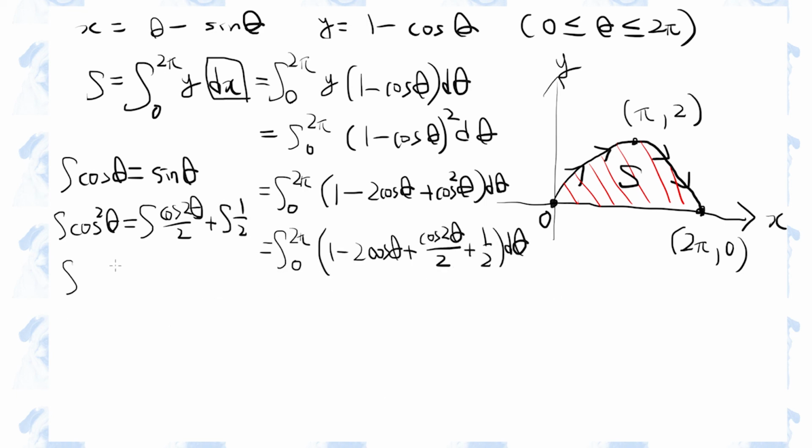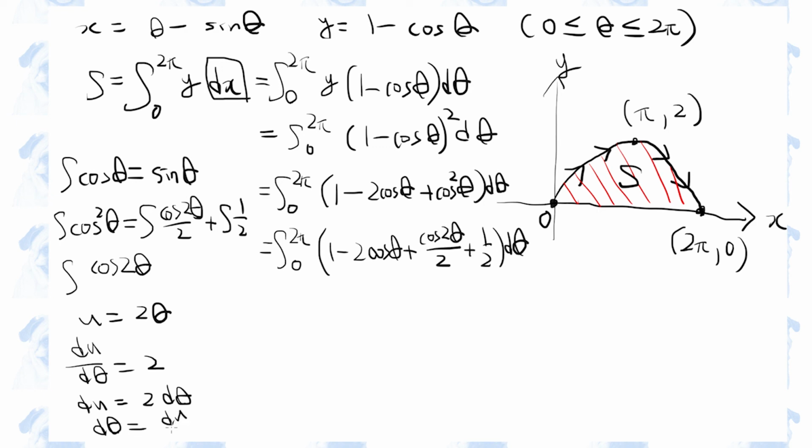Now, what is the antiderivative of cosine 2 theta? To figure this out, let u be equal to 2 theta, then du/d theta is 2. Therefore, du is 2 d theta. Therefore, d theta is du over 2.